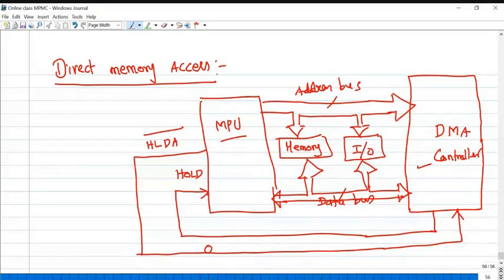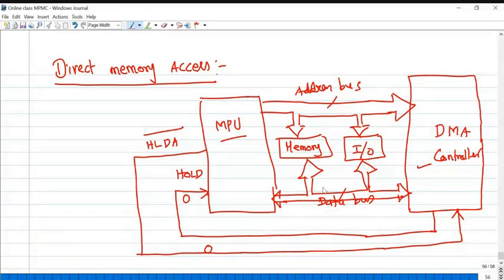Whenever the DMA controller completes its data transfer, it will place 0 on the hold line. Once 0 is placed on hold, the processor identifies that the DMA controller has completed its work, and it takes over the charge of controlling the address and data bus.